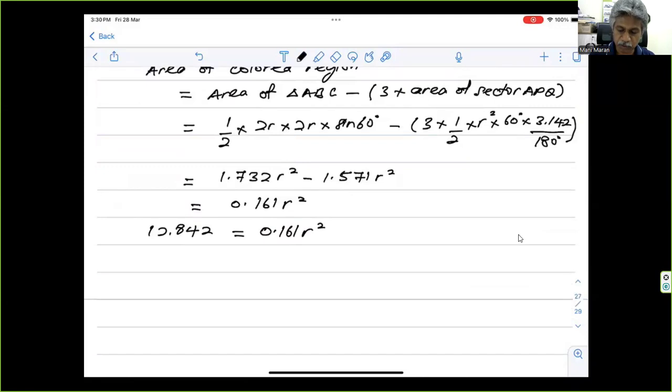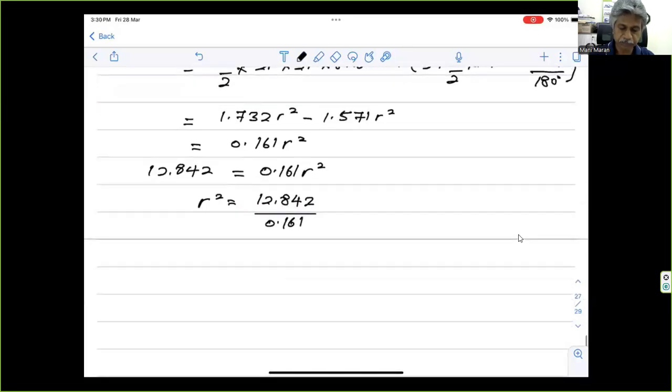So from here you can work it out. R square will be equal to 12.842 divided by 0.161. This will be equal to 79.76. Therefore, take the square root.